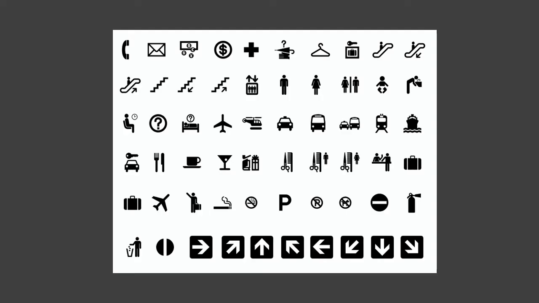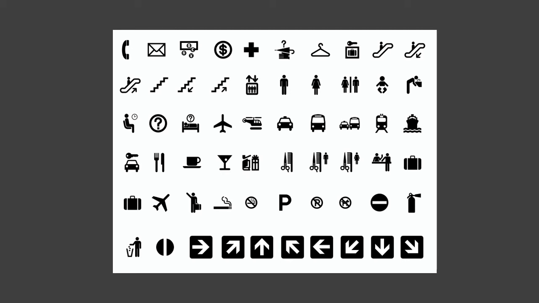And near the end of his career in the early 70s, Henry Dreyfuss was elected to be the first president of the Industrial Design Society of America, called the IDSA. And while he was the president there, he learned that the National Transportation Division of the federal government was looking for help in developing a signage system.